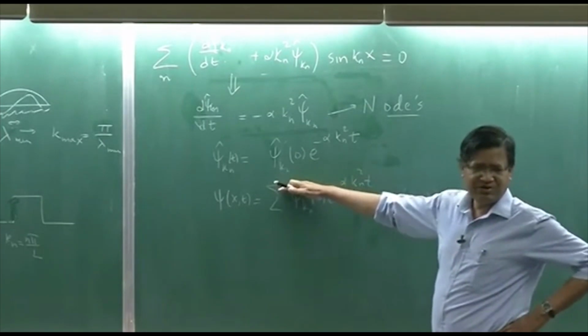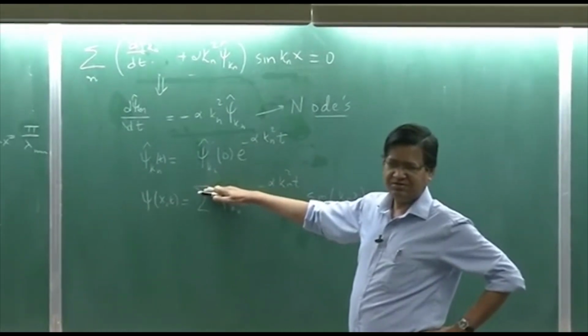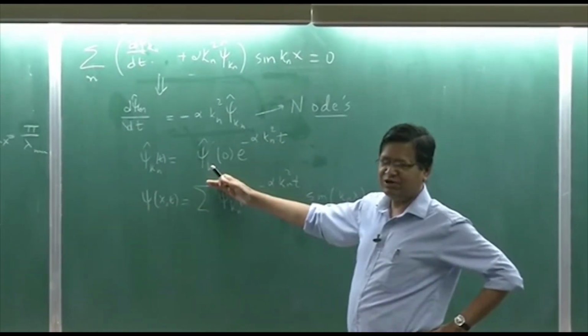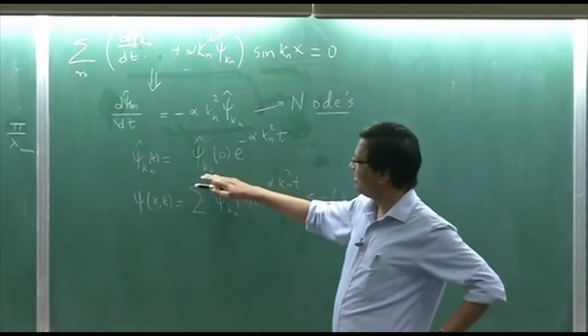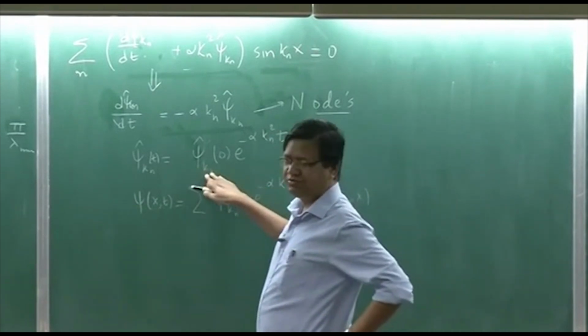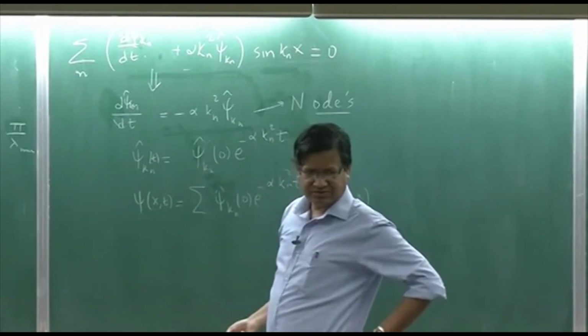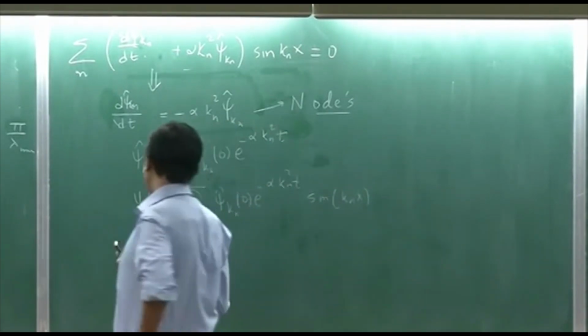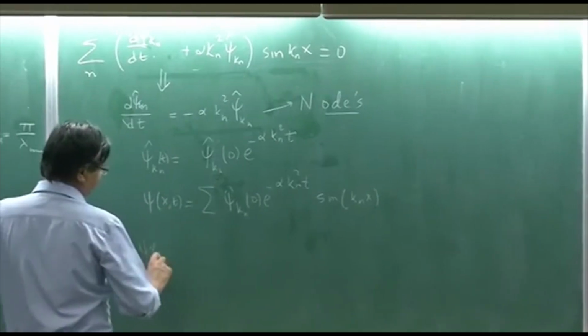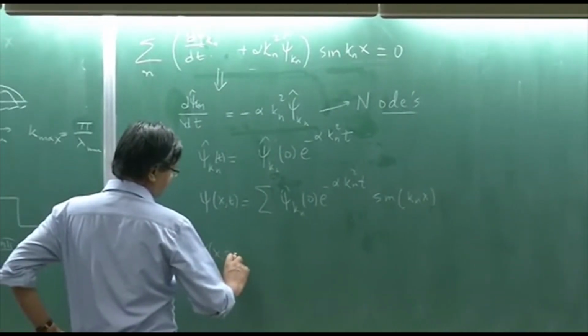So how do I compute this one? This is t equal to 0, so it has to be computed from the initial condition. I will give you the initial condition, psi of x at t equal to 0.